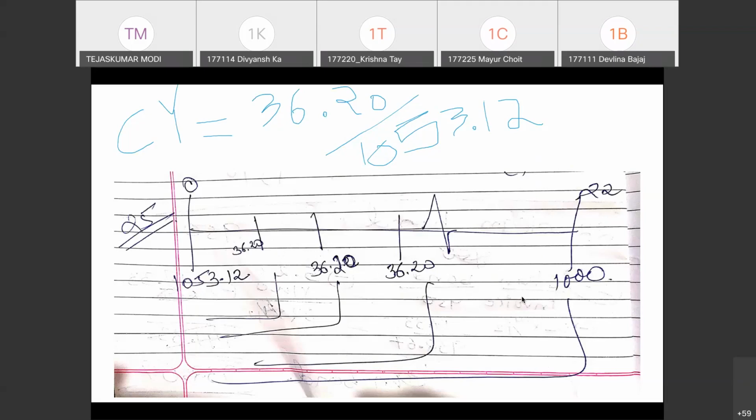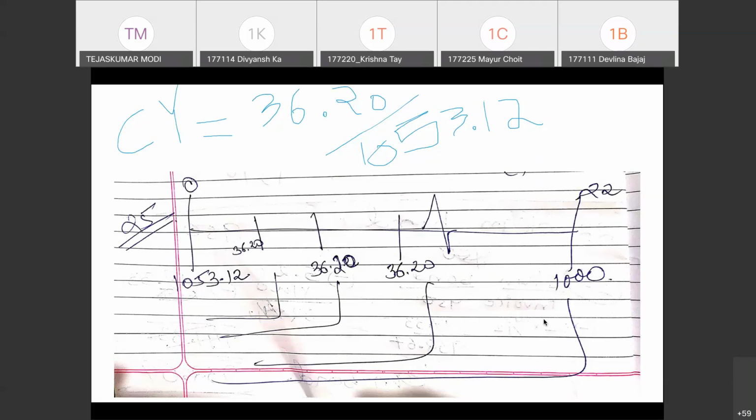The future value is 1000. The sum of both, the present value of all this 36.20 plus the present value of 1000 today, the total has to be 1053.12. If it is not, that means 3% is not the yield I'm earning. 3% is not the YTM answer.